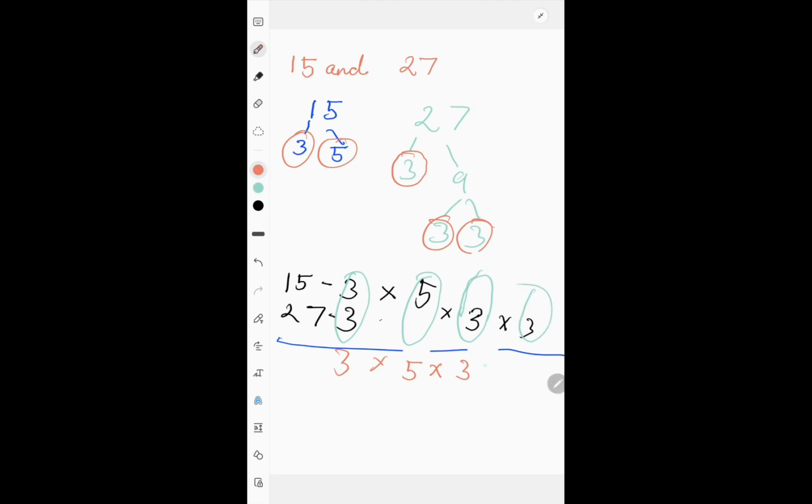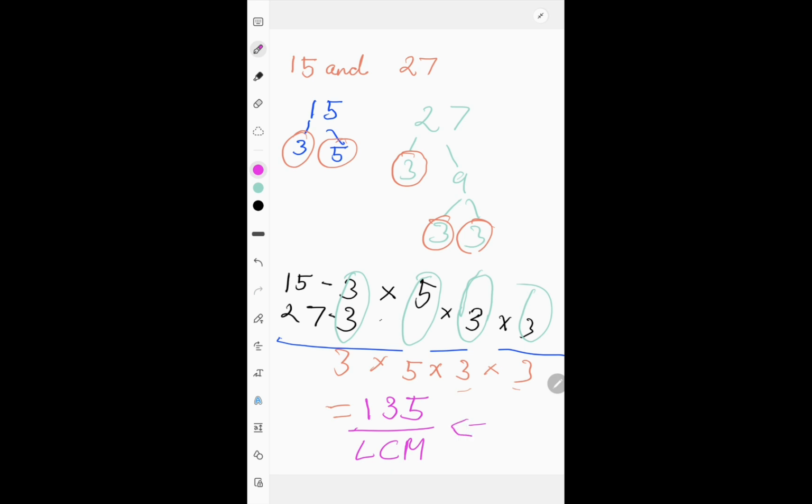So we end up with 3 times 5 times 3 times 3. And by multiplying these, we get our least common multiple. So 3 times 5 is 15, times 3 is 45, times 3 is 135. And that's our least common multiple. So the LCM, the least common multiple of 15 and 27, is 135.